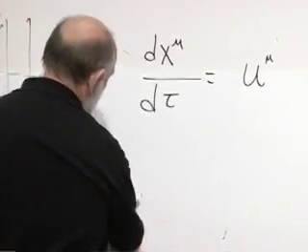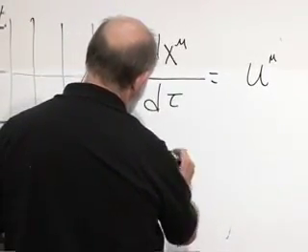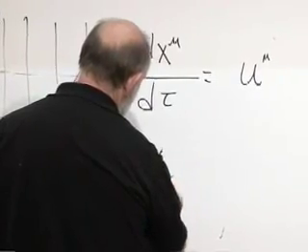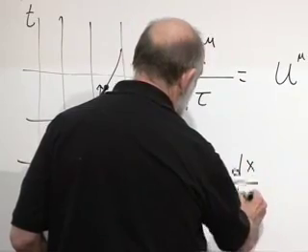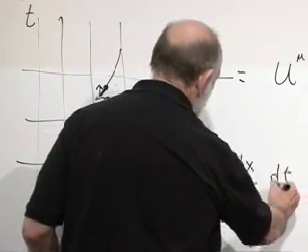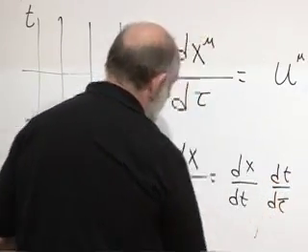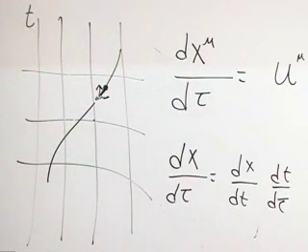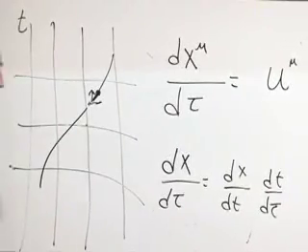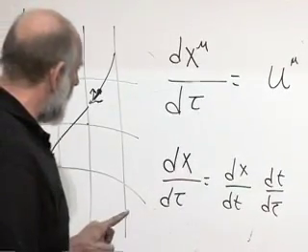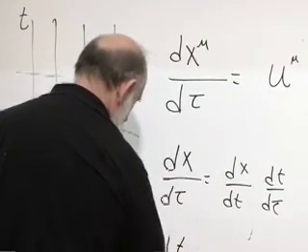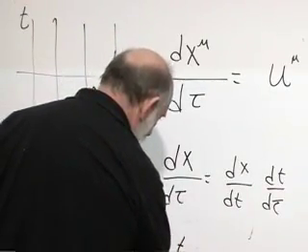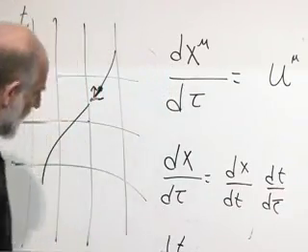Let's take, for example, dx by d tau. That's equal to dx by dt times dt by d tau. Likewise for y, dy by d tau is dy by dt times dt by d tau, and so forth. In fact, we can even write down that dt by d tau, that's the 4th component of the velocity vector.